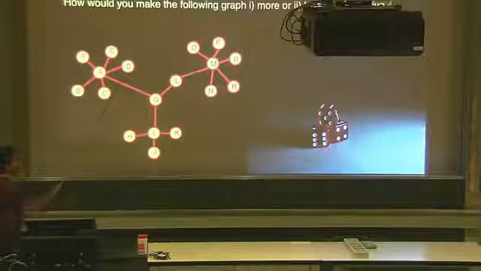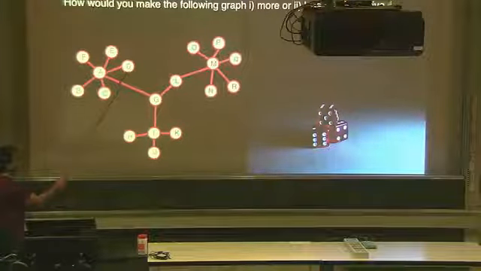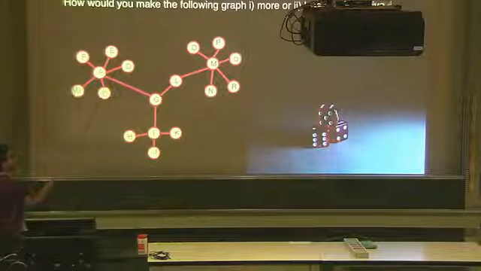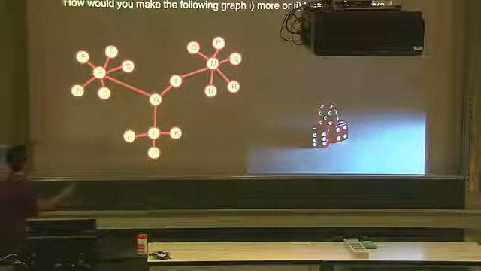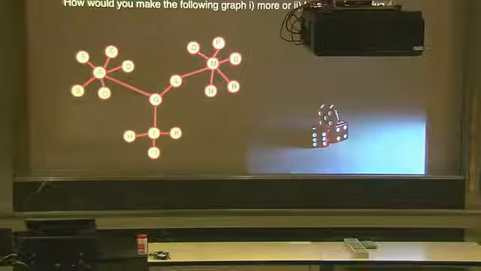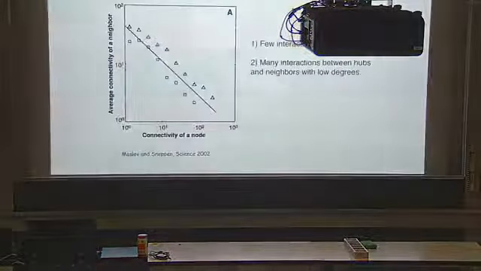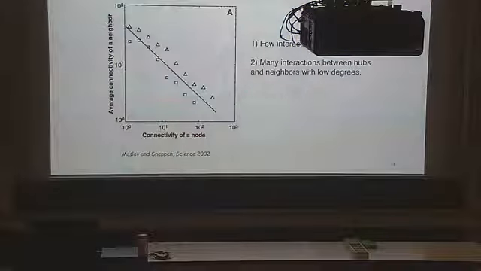But if we start increasing the connectivity of the neighbors by making these sorts of connections and edges, then we make the graph assortative. And that's another indication that many biological networks are disassortative. So we have this sort of relationship.